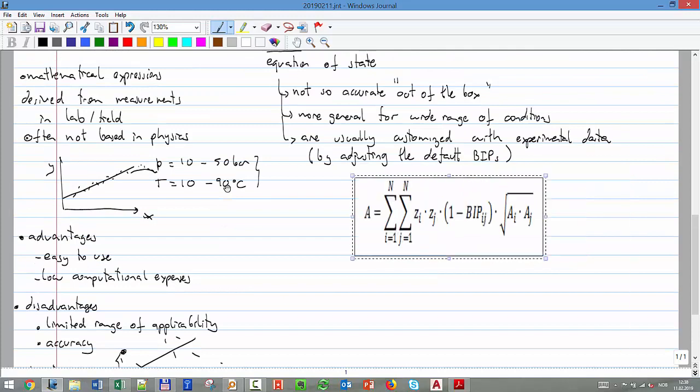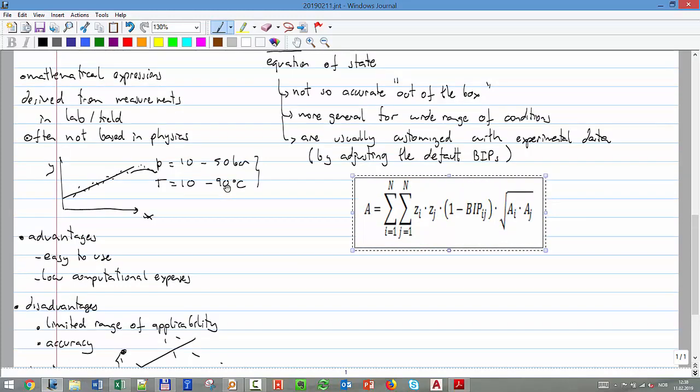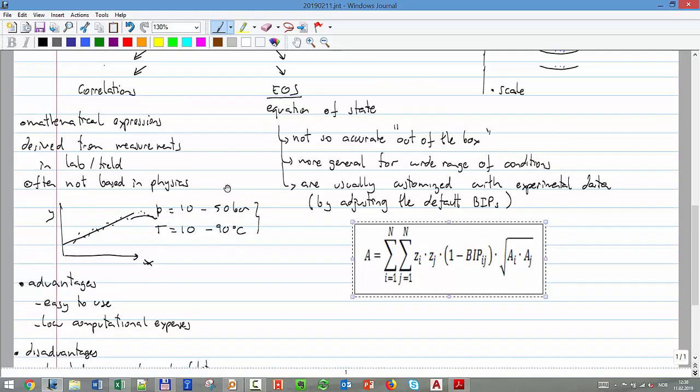So you try to change that until the values are very close.